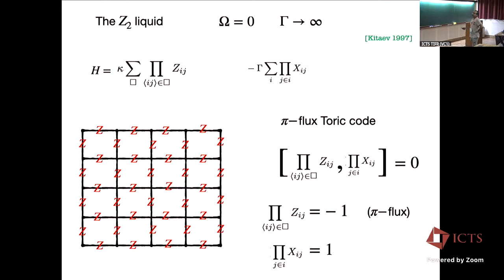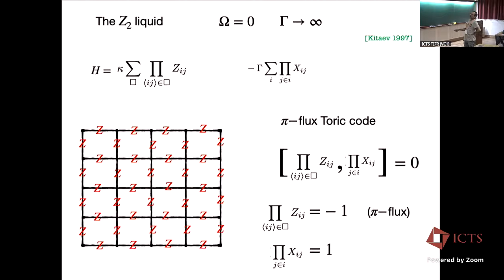So once I put omega to be 0 and think about this kinetic term becoming very large, the Hamiltonian essentially reduces to this, which is another well-known exactly solvable model from the works of Kitaev in the late 90s or mid 90s. This goes under the name of toric code. So what happens is that in this limit, the Hamiltonian contains two terms.